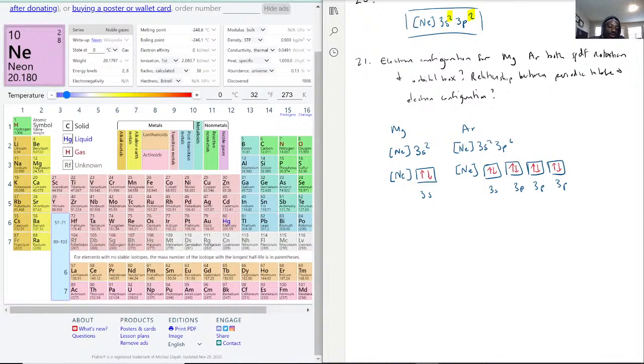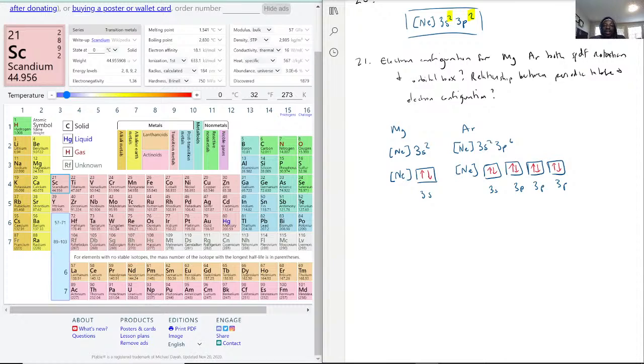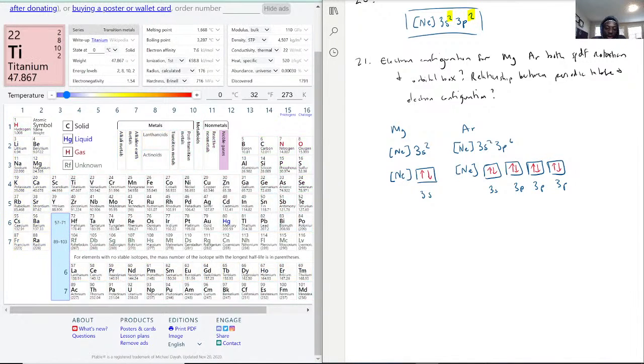D orbitals are a little bit trickier in terms of noting where it is on the periodic table. The trick is that you will definitely see at least a 4s2 or a 5s2, but when you have an s orbital and a d orbital but no p orbital, that means it's going to be in your transition metals section, column 3 to column 12.